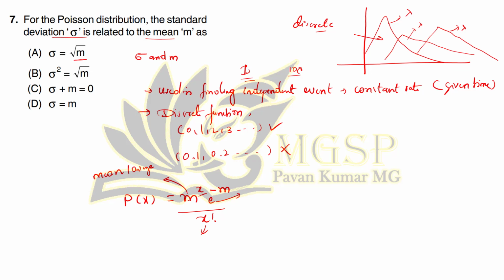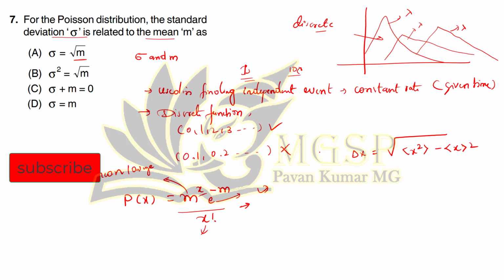For finding the standard deviation, you have to solve this expression. Like in quantum mechanics, where you find delta x, the expectation value of change in position, similarly if you go ahead with this, you will get the values. So how do you do it? Average of x square minus square of average value of x. By the same approach, you can find the standard deviation.